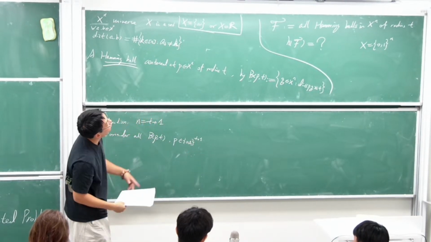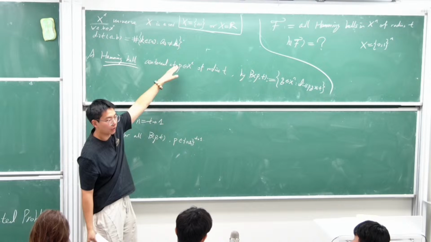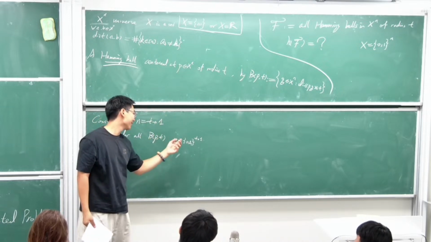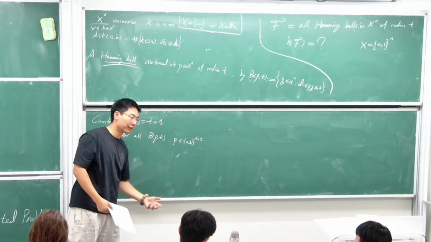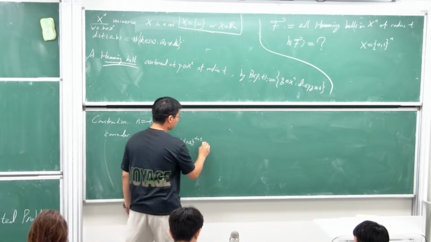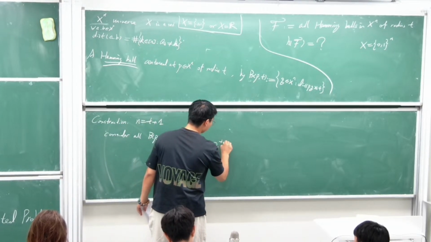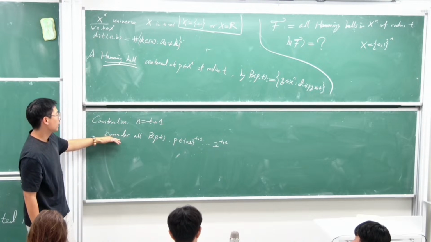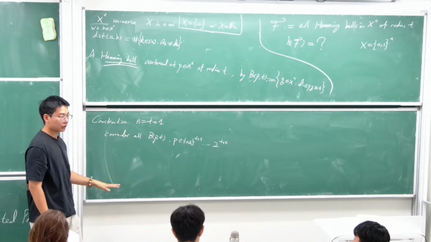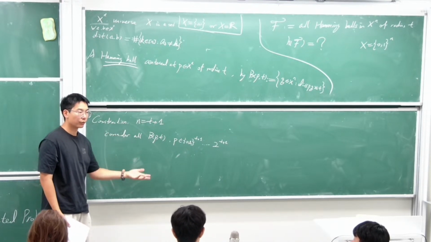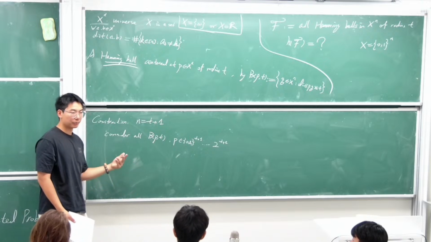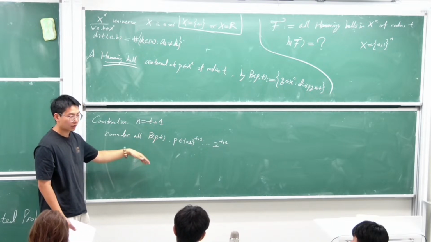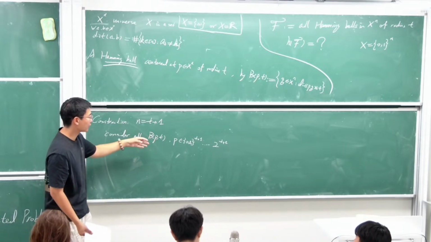Remember that I assume X is either {0, 1} or R, so we can always put p to be 0 or 1. So there are 2 to the t plus 1 of them. We just need to show that these balls don't intersect while deleting any one of them will make them intersect. Then the Helly number should be at least this number.